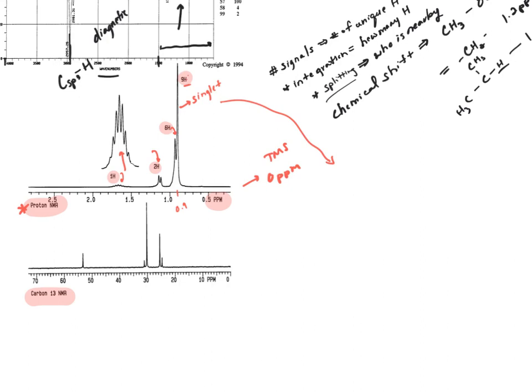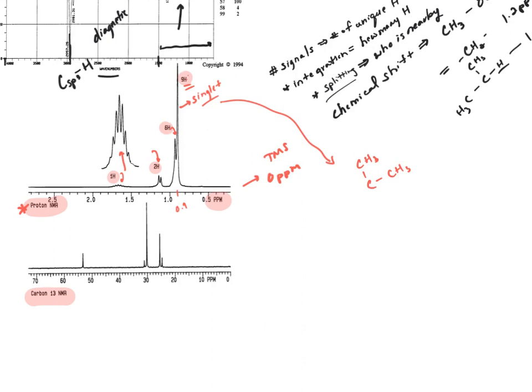Because essentially what it's saying is we've got 9 protons, they're all chemically equivalent, they're all giving rise to the same signal, and they are not being split by anybody nearby, right? Because again, equivalent protons can't split each other. They can only be split by non-equivalent protons, right? So a singlet that integrates to 9 protons is usually this guy.